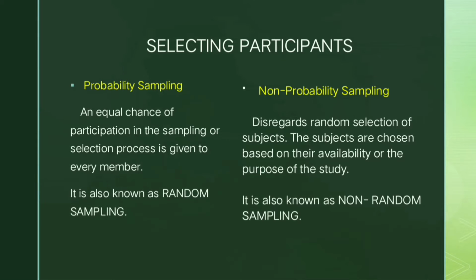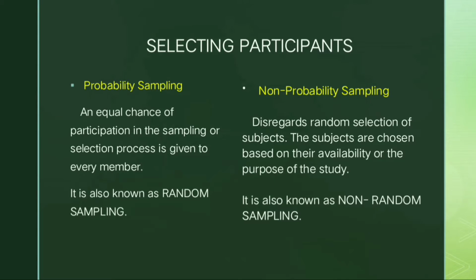Probability sampling, an equal chance of participation in the sampling or selection process is given to every member. It is also known as random sampling. So dito sa probability sampling, every member of the population has an equal chance of being selected. It involves principles of randomization or chance.